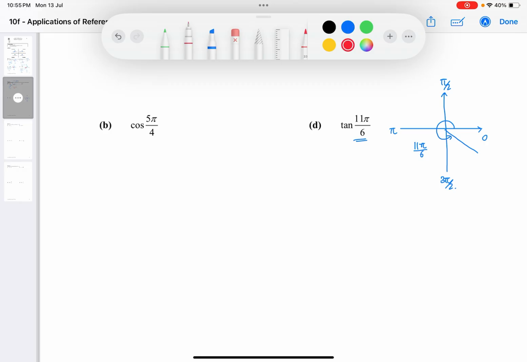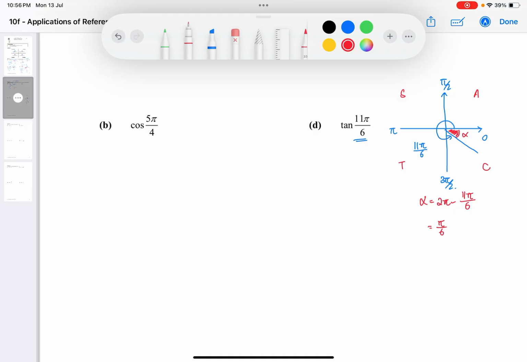To find the corresponding basic angle, which will be this one, alpha: alpha will be 2 pi, which is 360, minus 11 pi over 6. So that should give you pi over 6. And we know the 4 quadrants, A S T C. In the 4th quadrant, what is the sign of the tangent function?